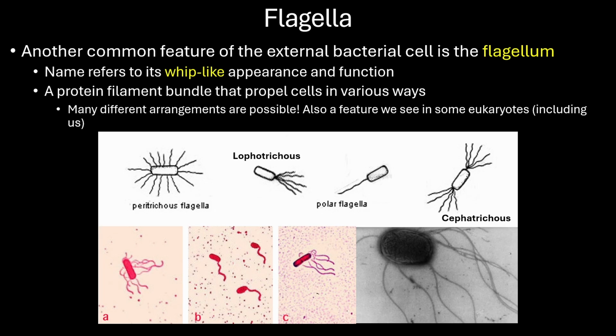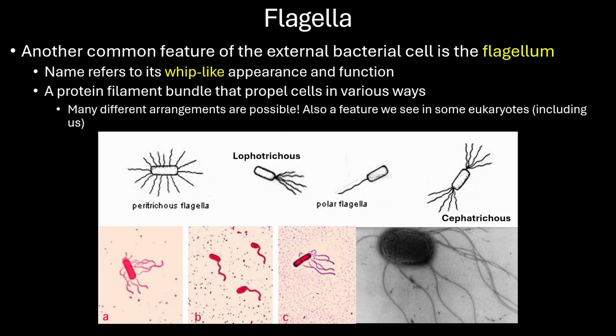Not all cells actually have flagella, but of those that do, this is how they get around. A flagellum is a whip-like structure that can move around and essentially pull or push a cell in specific directions. It's made of a bunch of different protein filaments that are all aligned in specific ways and pulled together to allow this cell to move.